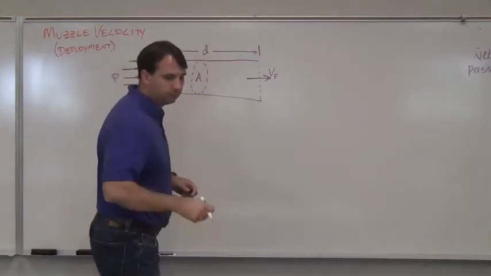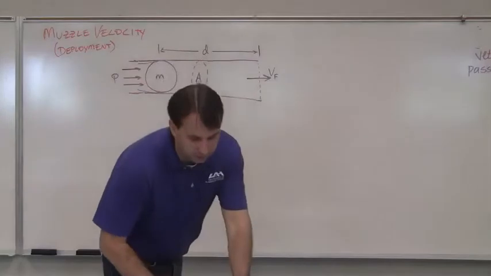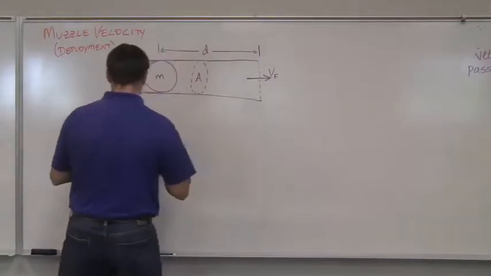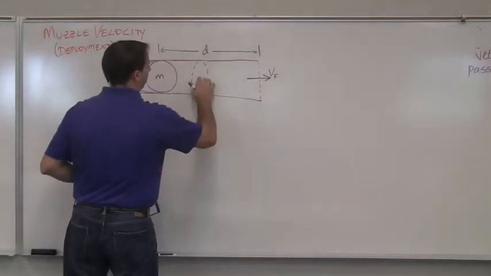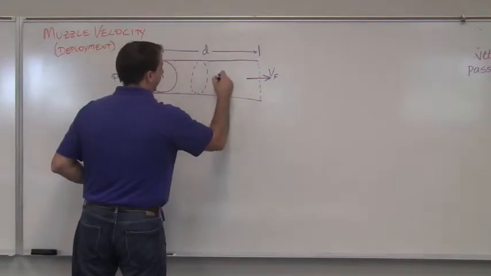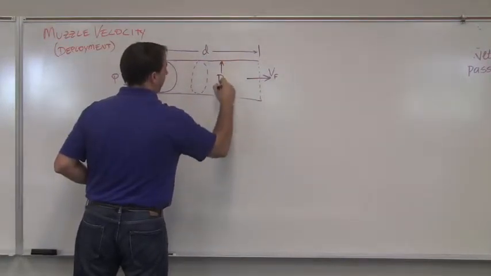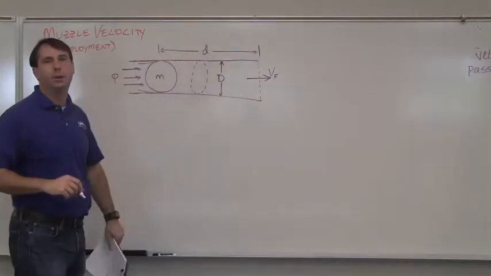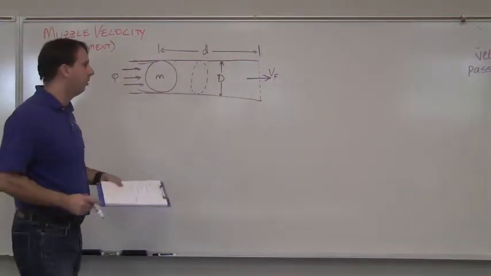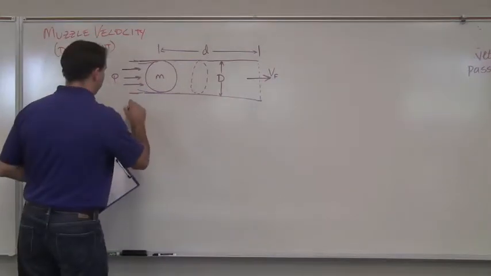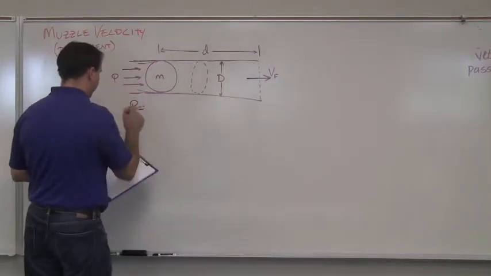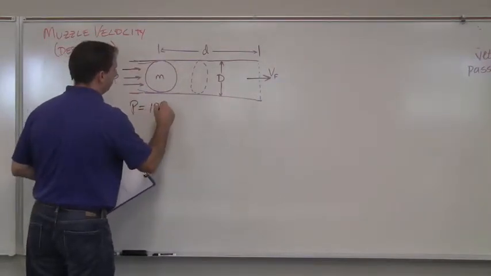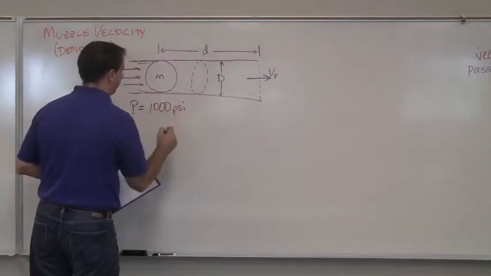So here's my example. I'm going to get my cheat sheet up here. In this one I'm going to define a diameter, because that's how most of you guys are going to define yours. You guys won't define an area. You'll define a diameter of your barrel, right? So I've got a pressure. My pressure, I'm going to say, is 1,000 psi, pounds per square inch.